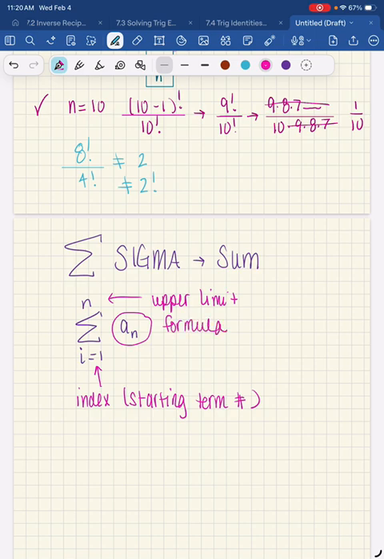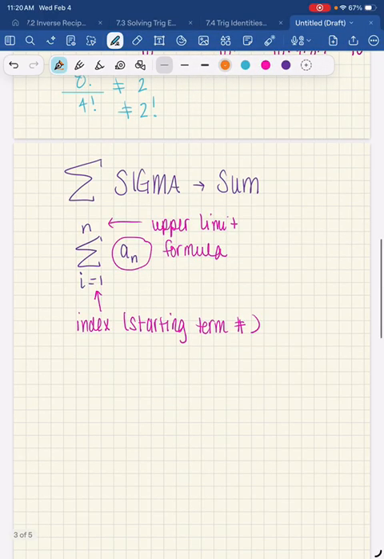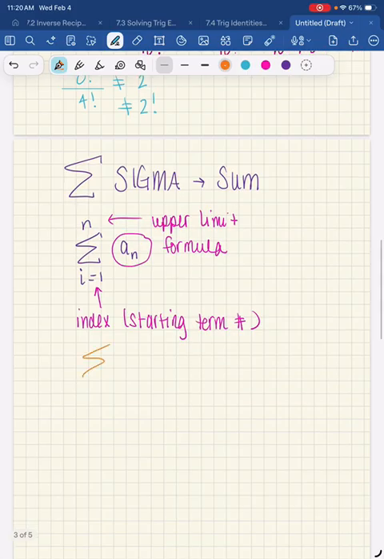Okay, so for example, if I ask you to find the sum from I equals 1 to 4 of, how about 2I minus 3. I'm going to use I and N interchangeably. Every book is different.